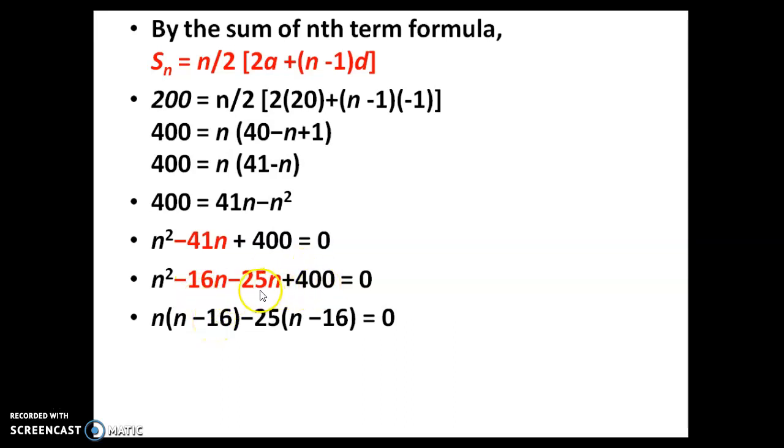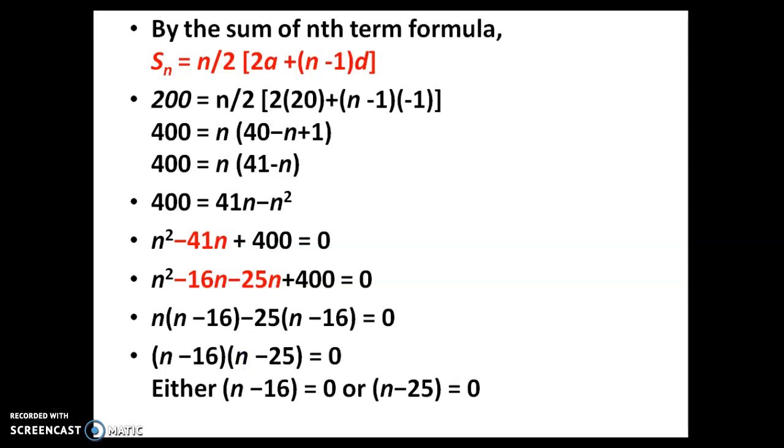Then in these two terms, 25 is common, so we take out minus 25, then we get n minus 16 in both brackets. So n minus 16 is common in both, and we take it out, and the remaining is n minus 25. Now either n minus 16 or n minus 25 is equal to 0, so we get the n value as 16 or 25.